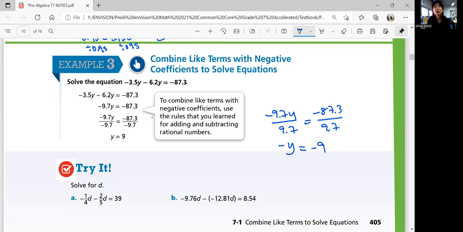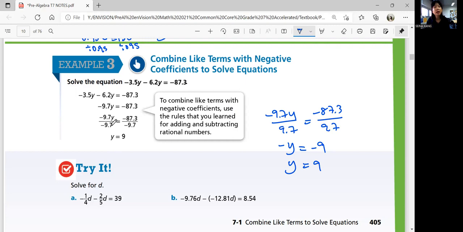You're not done. You have to multiply or divide the negative sign at the end as well on both sides. Okay? So don't forget to include the negatives when you're dividing the negative coefficients. If you have a negative coefficient in front of your variable, you have to get rid of that negative at some point. Because solving for the variable means solve for the positive variable.